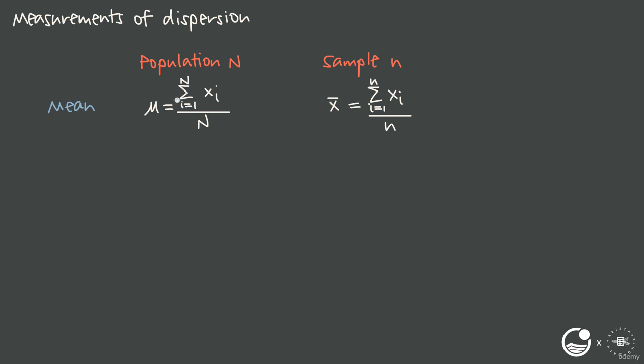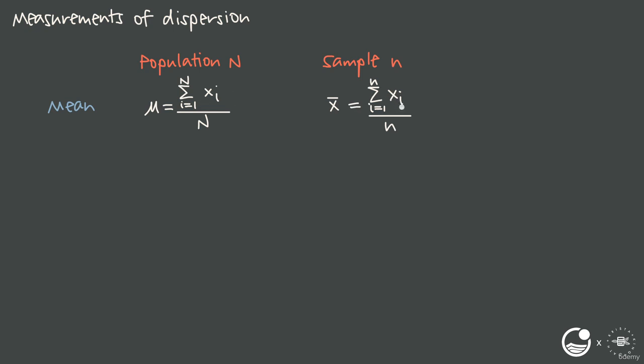And as we're summing up all of the data points in the population, we divide by capital N, the number of subjects in the population. Whereas with the sample mean formula, we're using lowercase n to indicate the number of subjects in the sample. But otherwise, these formulas calculate the same thing, just one for the population and one for the sample.